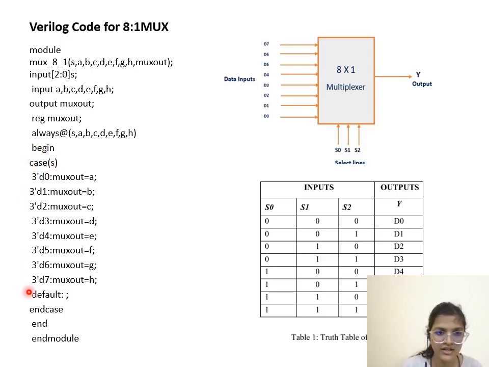So there are 8 cases for the 8:1 multiplexer. Whenever the value of S is 0 0 0, which is the first case, the output is set to A, which is D0. Similarly, whenever the value of S0, S1, S2 is 0 0 1, it is the next.